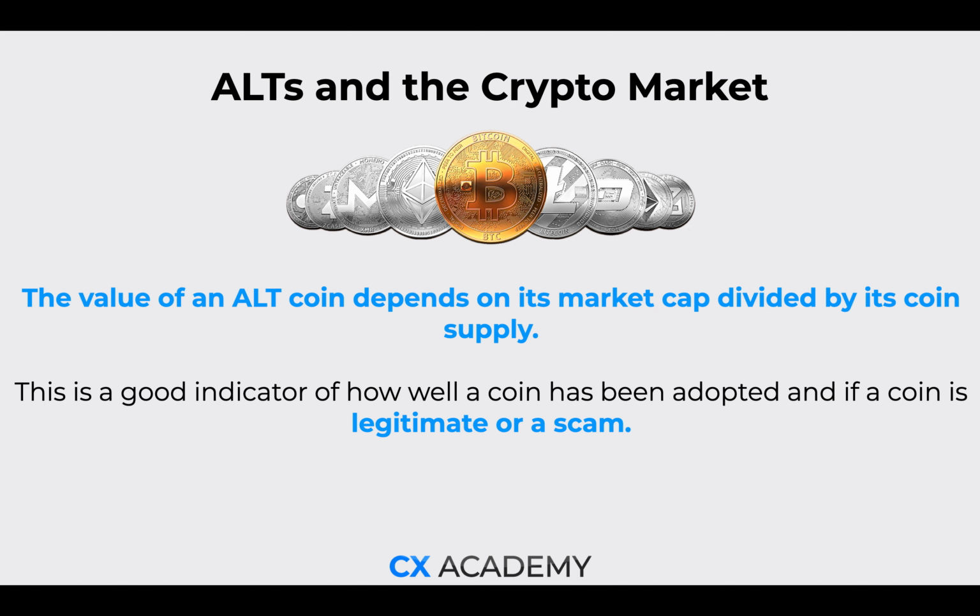The price of Bitcoin is completely dependent on its coin supply, and that coin supply must be divided by the actual market cap. And what people tend to think is, well, Cardano at £1 is significantly cheaper than Bitcoin, and Cardano is going to go to 40,000 like Bitcoin has. And this just isn't the case at all.